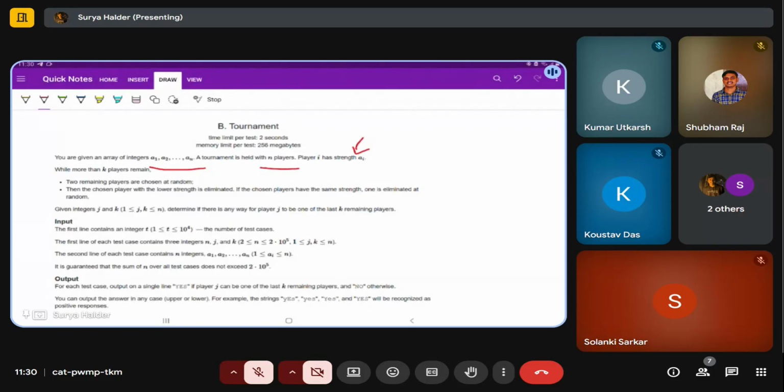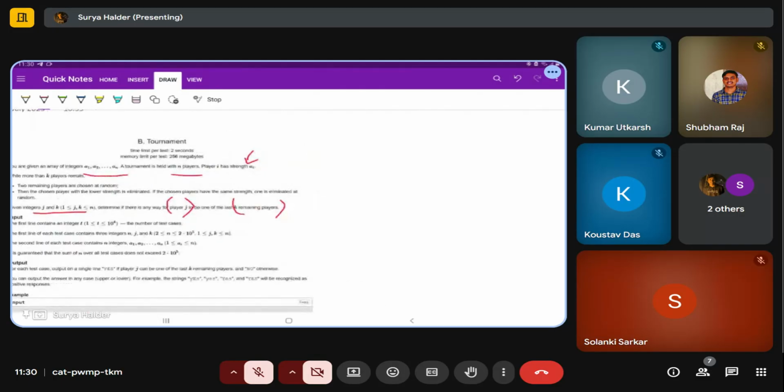While more than k players remain, two players are chosen at random, and the player with the lower strength is eliminated. If they have the same strength, then one is eliminated at random. So j and k are given. j represents player j, and we have to find out whether player j will be one of the last k survivors or not.